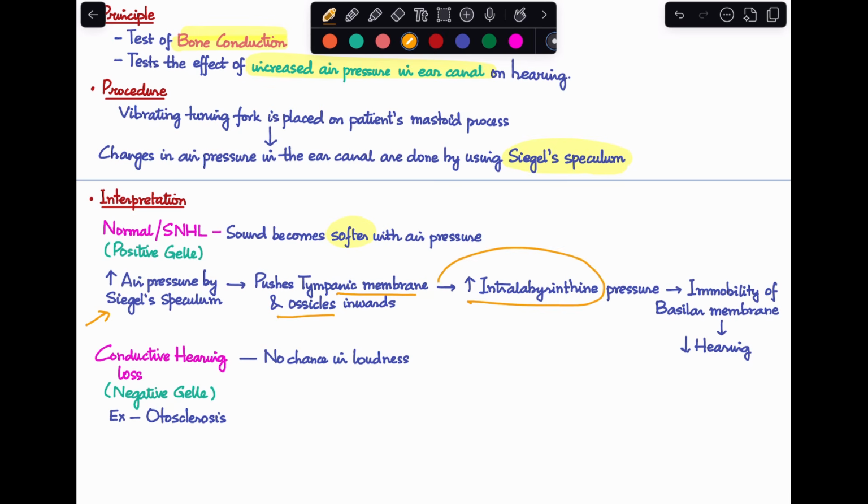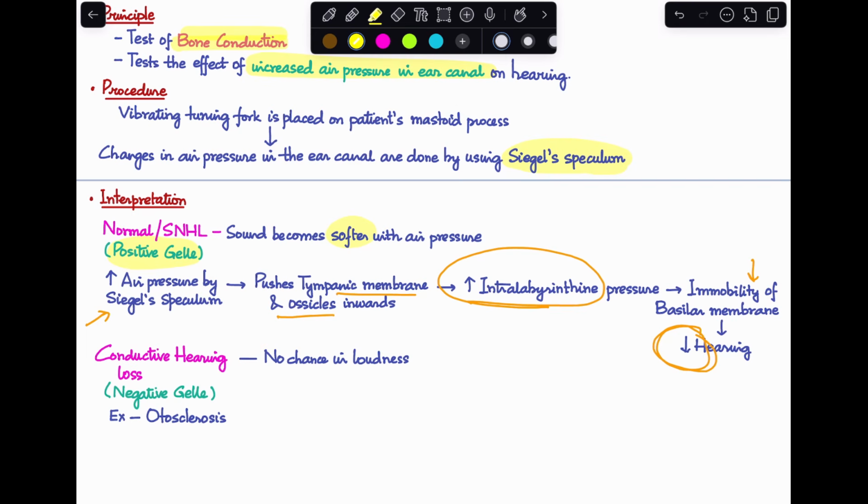This further increases the intralabyrinthine pressure, which leads to immobilization of the basilar membrane, and therefore there is a reduction in hearing. This is why, in sensorineural hearing loss and normal cases, the sound becomes softer as you introduce air pressure. This is known as positive Gelle's test.